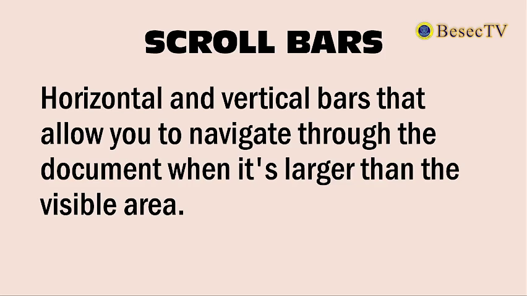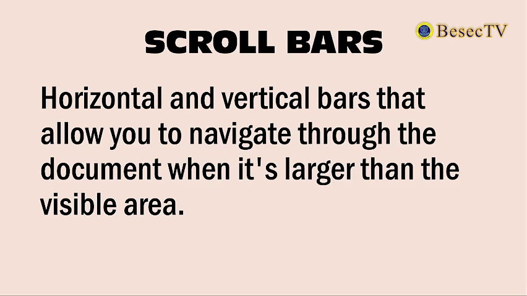So from there we move on to the scroll bars. With scroll bars we have two types, horizontal and vertical bars, that allow you to navigate through the document when it's larger than the visible area. So the scroll bar appears when your document is larger than your interface.